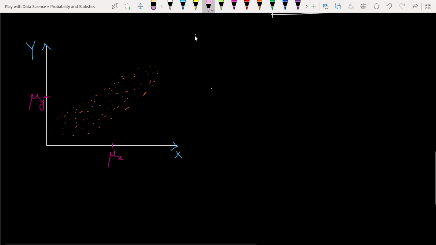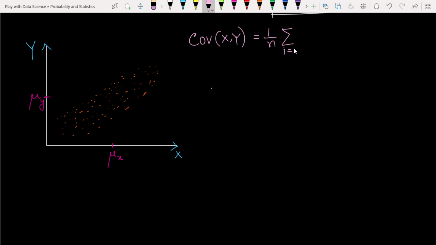The formula of the covariance is: first we take the average, 1 by n, then the sum of xi minus mu of x into yi minus mu of y. This is the simple formula of our covariance.